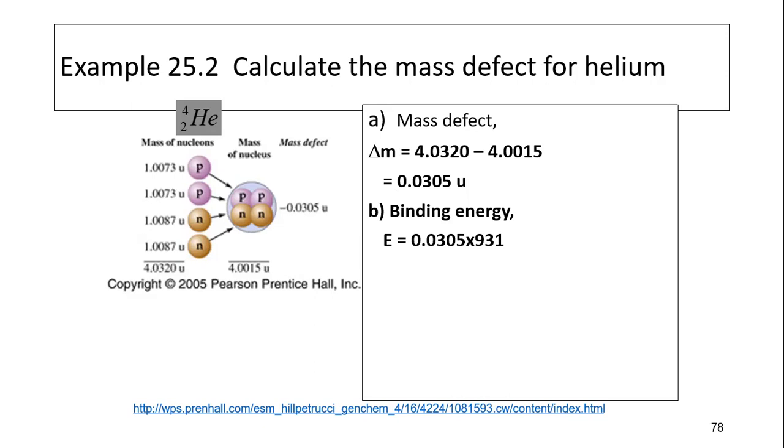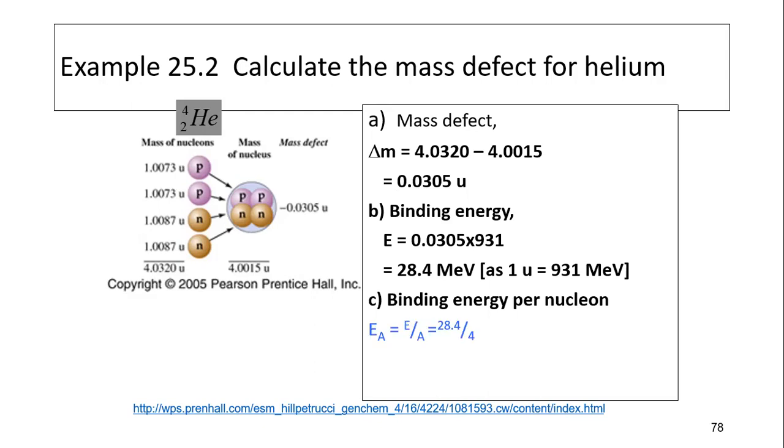Or if you are given 931, then use 931 straight away. And calculate the binding energy per nucleon by dividing by 4. So you can say that helium is very stable, with a very high binding energy.